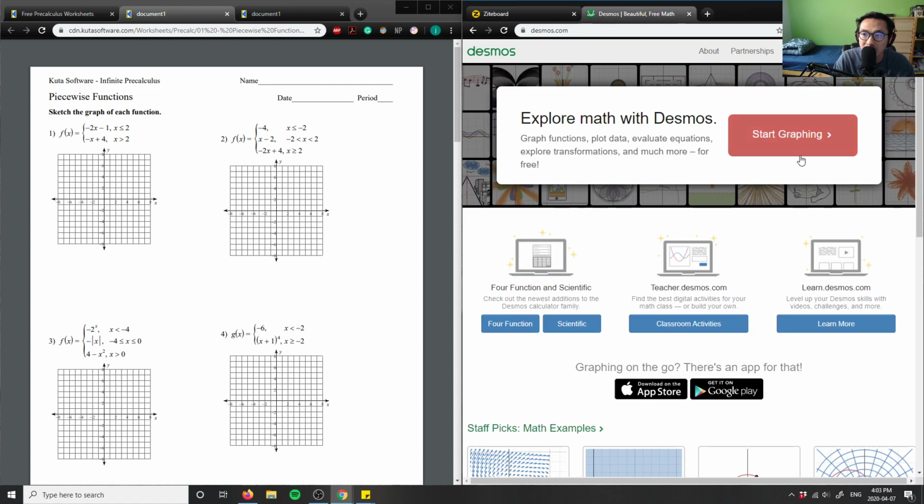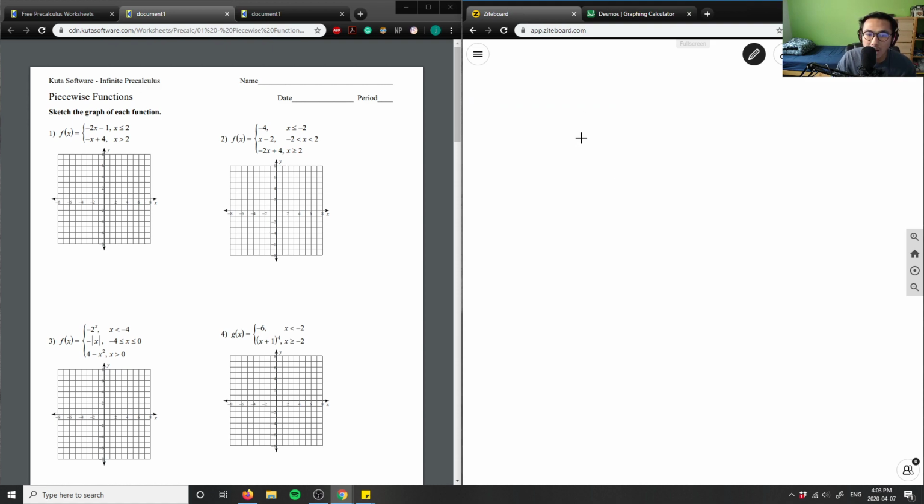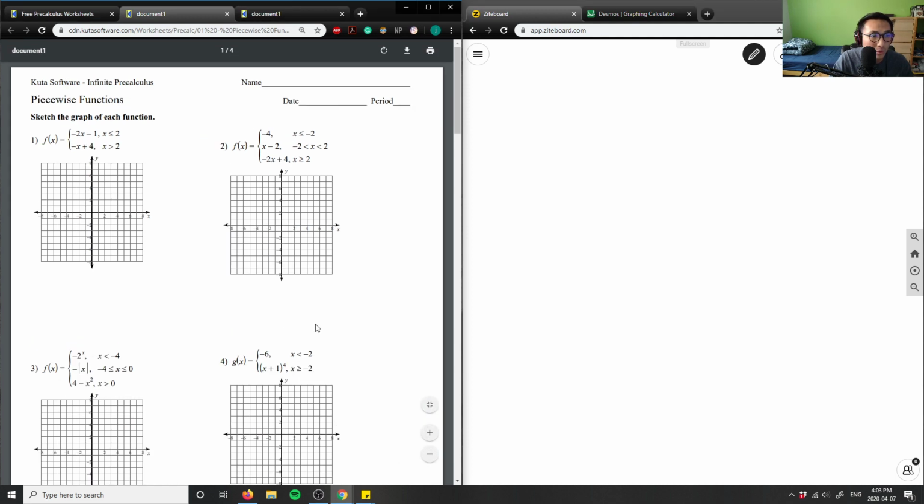I'm going to do my best to sketch it for you, and we can always check it with our graphing calculator. Unfortunately, I can't edit this PDF document. So I'll sketch this graph for you, and then I'll show you the nice and pretty one on Desmos afterwards when I'm done, and hopefully it matches up with what I wrote and sketched.